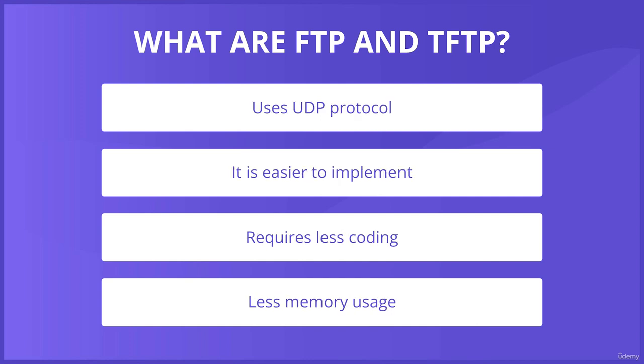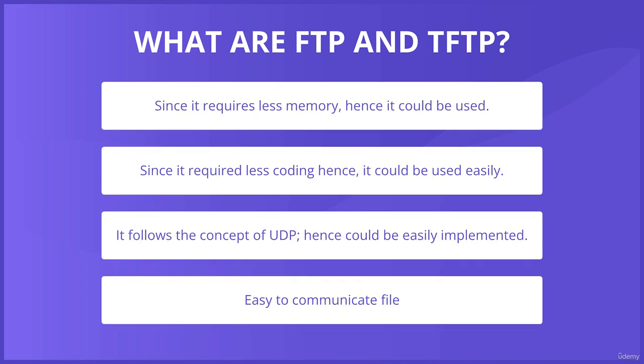Are there any advantages to TFTP? Well, sure enough, it uses UDP protocol. It's easier to implement, requires a lot less coding, and there's less memory usage. All right, so why should we use TFTP and why do we need TFTP? Well, we could use TFTP because of the following reasons.